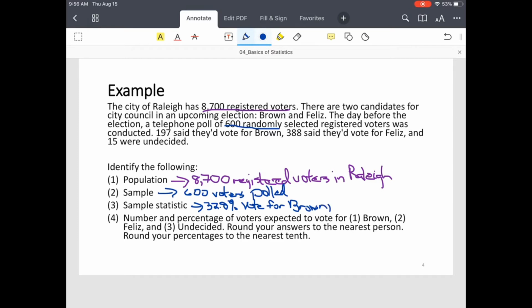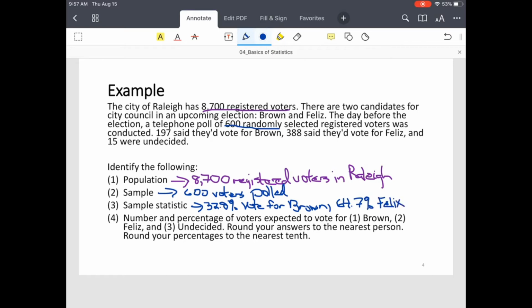Then you do the same thing, 388 out of 600. So we're going to go to the nearest decimal place. That's 64.7% will vote for Feliz.